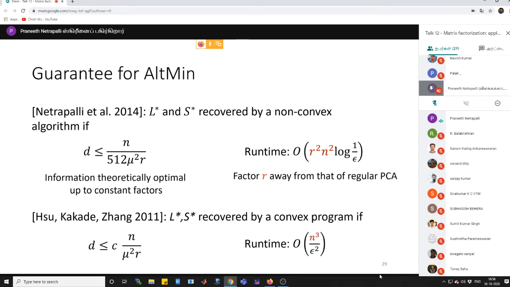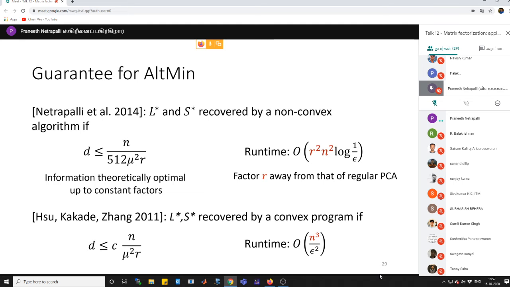Whatever we have is already a low rank matrix. We can just write it as that plus S star, which is the 0 matrix. And here we are saying the number of non-zeros in any row or any column can be at most n over mu square r. So if mu is a constant and r is a constant, we are saying we can have a constant fraction of the entries of the matrix being corrupted, and we can still recover the underlying matrix.